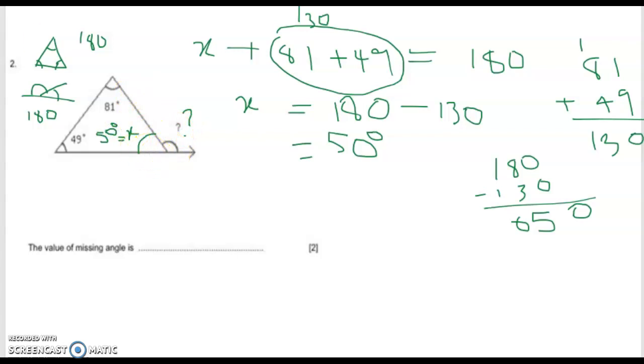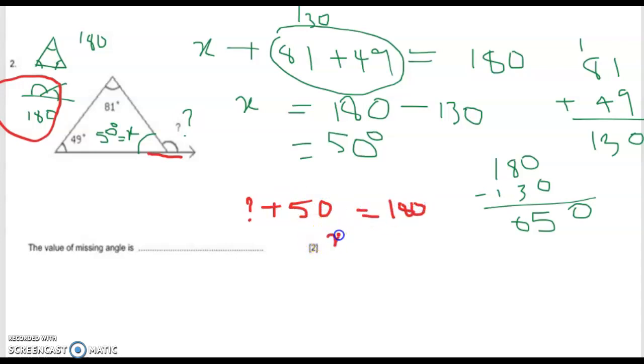And then now you use the other fact, this fact, and this is a straight line, you see. So that means this angle that they want plus 50 is equal to 180.